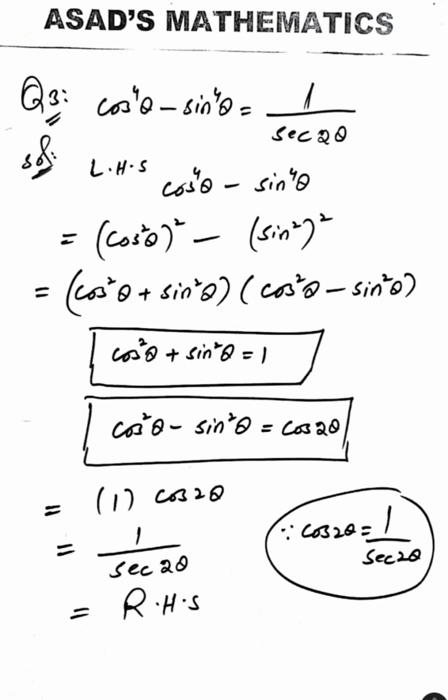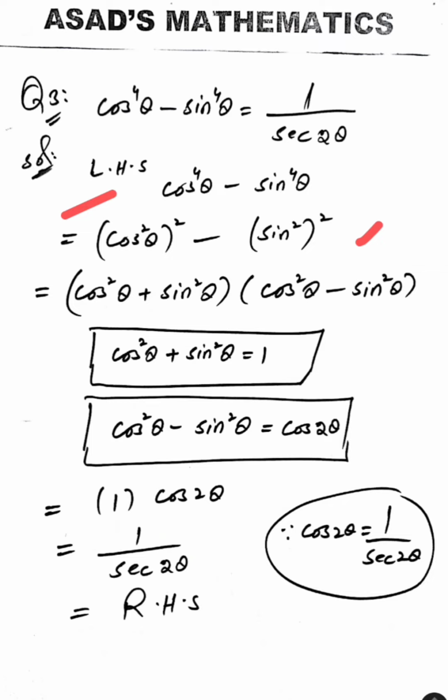So our last question is cos 4 theta minus sin 4 theta, which is equal to 1 over secant 2 theta. Now taking the left hand side, cos 4 theta minus sin 4 theta. We change cos 4 theta to cos square theta whole square minus sin square theta whole square.